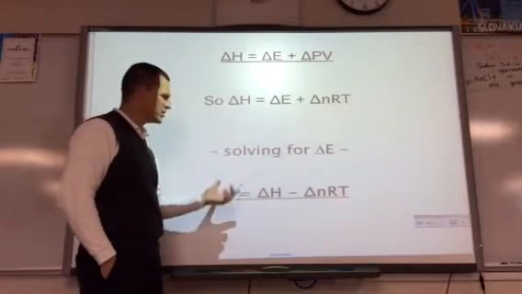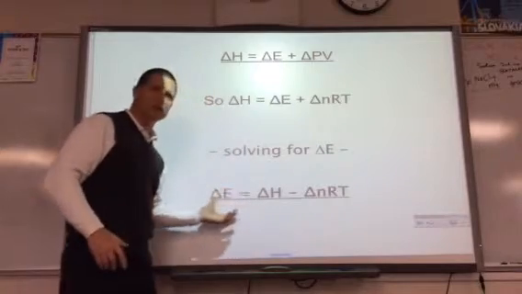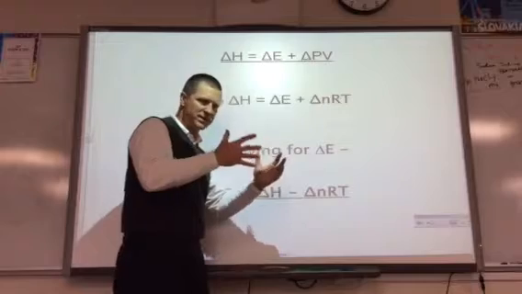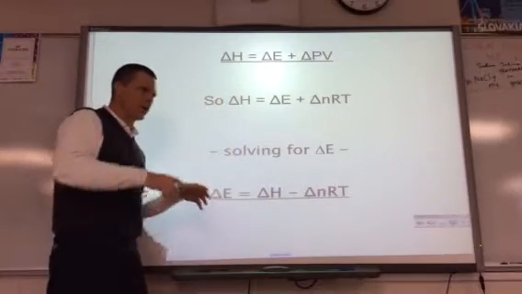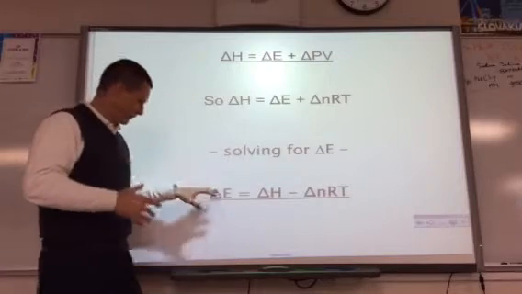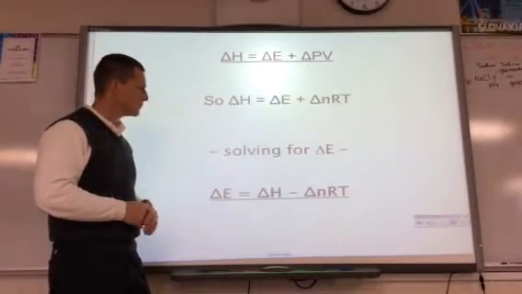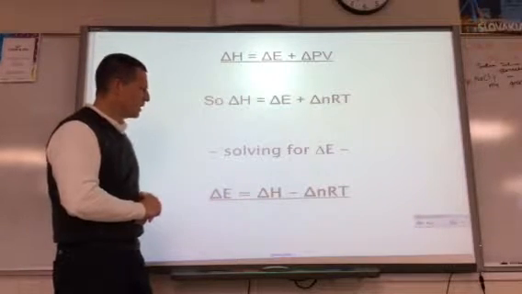Just like yesterday, if you're doing work, you're using up some of the internal energy. So the more moles of gas you're making, the more you're pushing back on the atmosphere, the more of the internal energy you're using. So that value goes down.